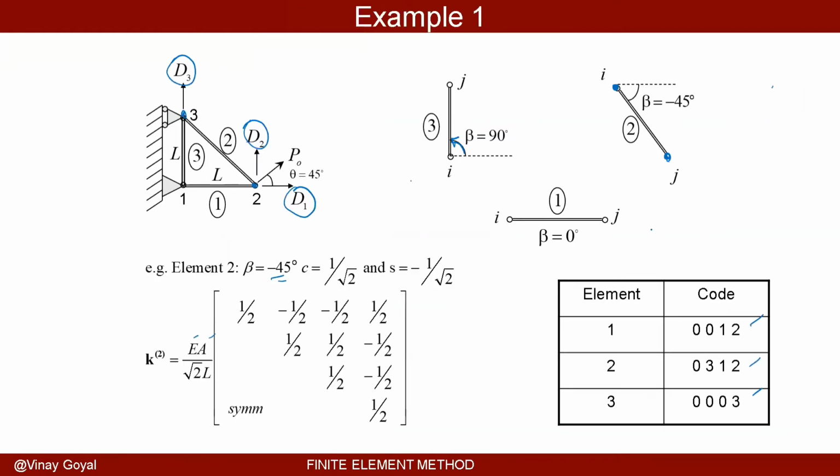Now, let's look at the load. The load is interesting. Do I have any load applied on this degree of freedom? No. Do I have any load applied going up and going to the right? Yes. It is P naught cosine 45 and P naught sine 45.